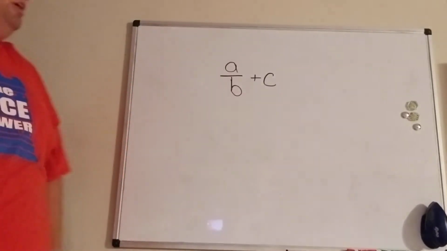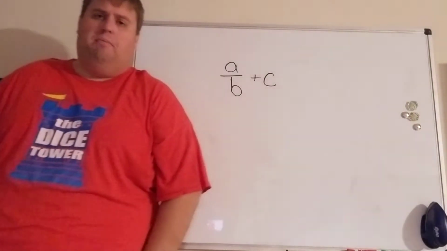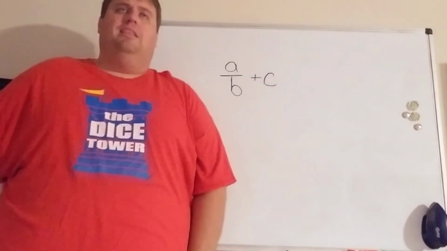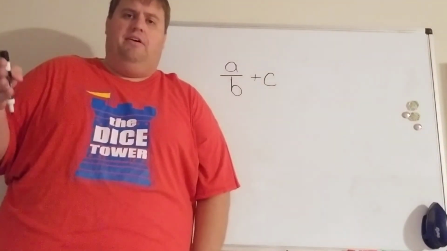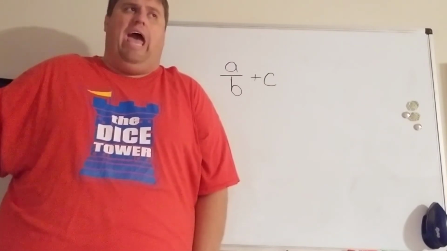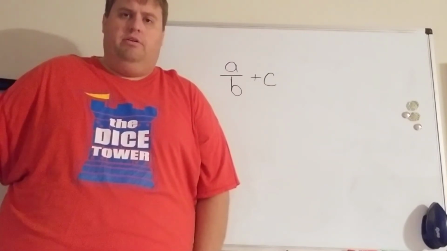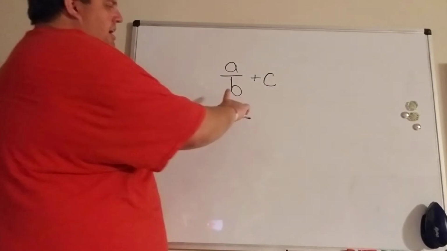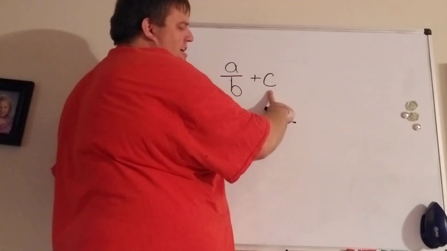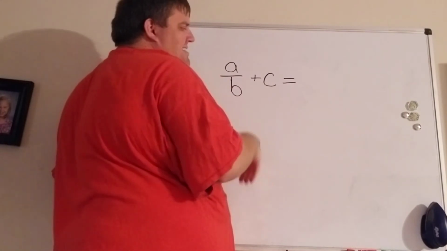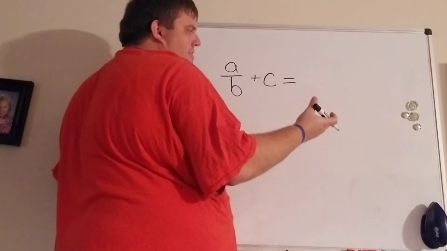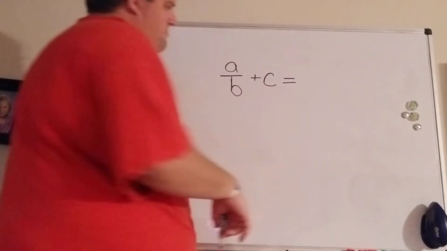So what we're going to do is assume something this time. Let's assume that when I add these two things together, I'm going to get a rational number. So if I add a rational and an irrational, let's assume we get some number that is rational. Does your book use D and E?